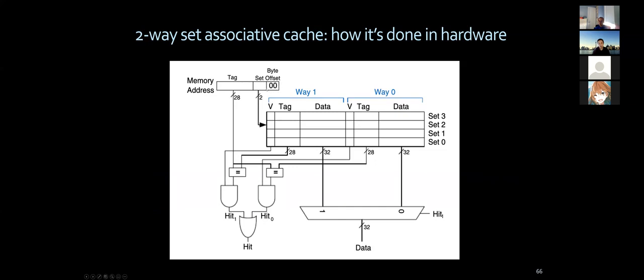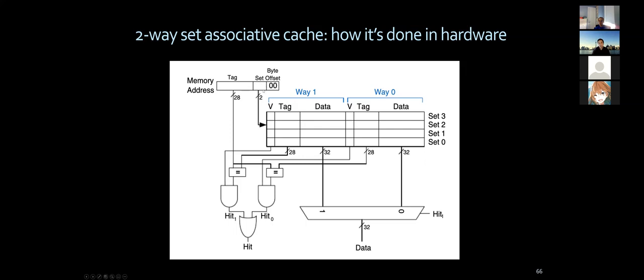Remember your address bits: if you had 4-byte values, there can be byte 0, byte 1, byte 2, byte 3. The whole cache block has 4 bytes, so byte 0 and byte 1 are going to be located in the same block. So the last few bits I only use for the offset within a block.